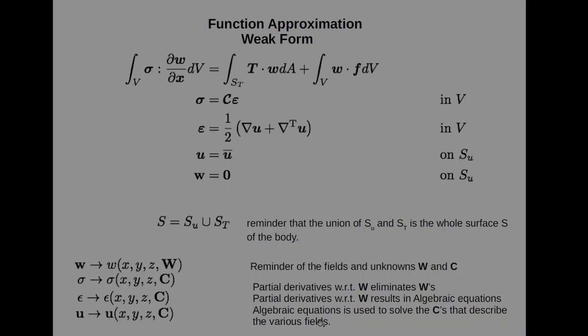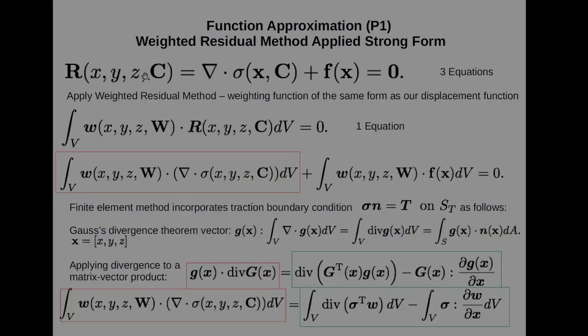Okay, there's one thing that I need to talk about before we continue, before I end this video, and this is this double contraction. What is that? Because remember, this follows from this identity where we had the divergence of the matrix vector product is equal to the divergence of the matrix dotted with the vector, plus the matrix multiplied by the divergence of this vector.